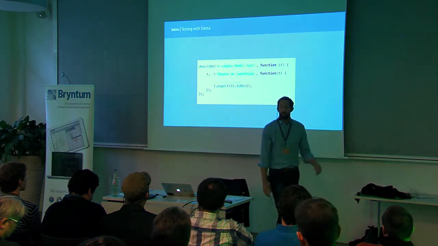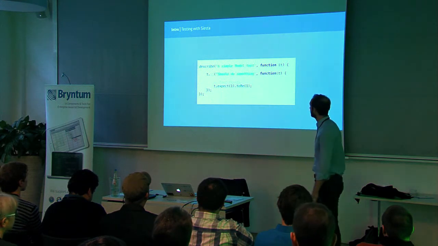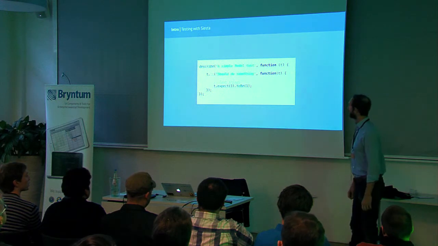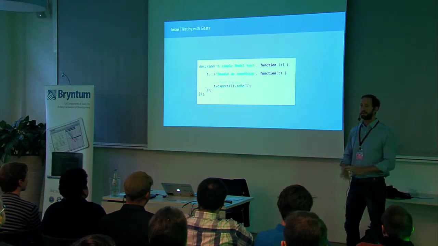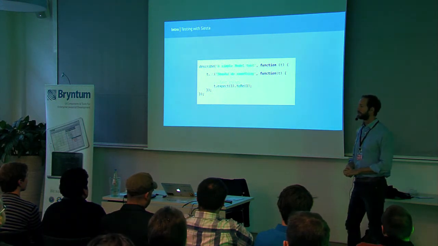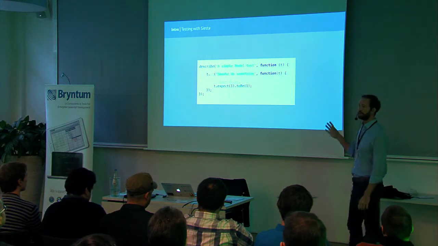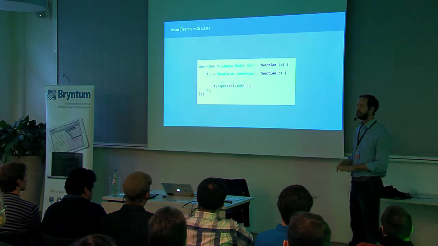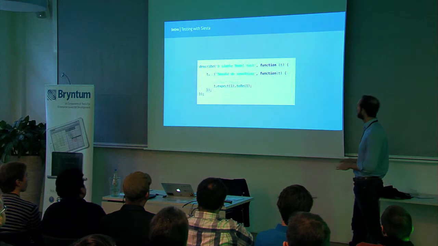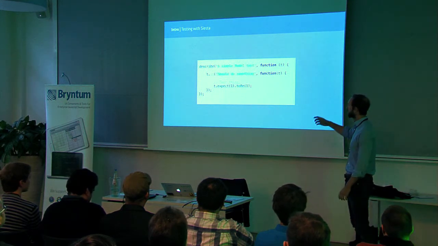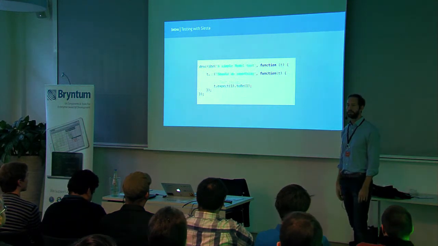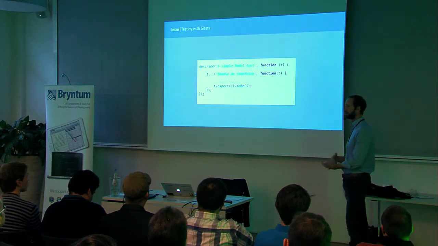And just a quick look at the syntax. This should not be too scary, I hope. We use the nice BDD syntax. Describe some string telling the reader what to expect from this test, and then we just pass in a function. This can be seen a little bit like Ext onReady, because we have to wait for the iframe to be ready to process your test.